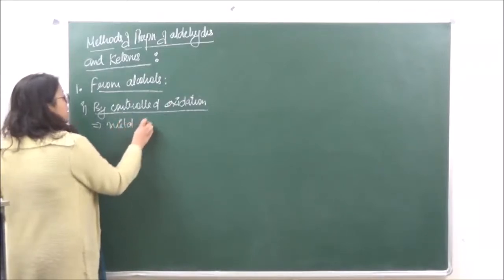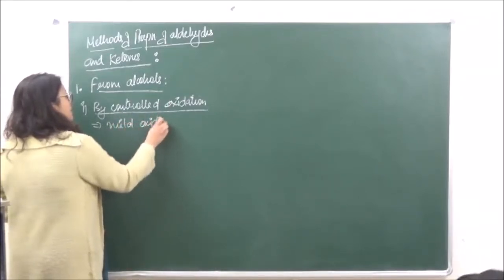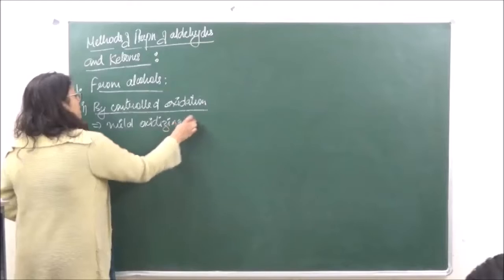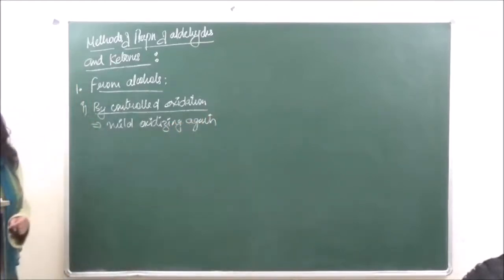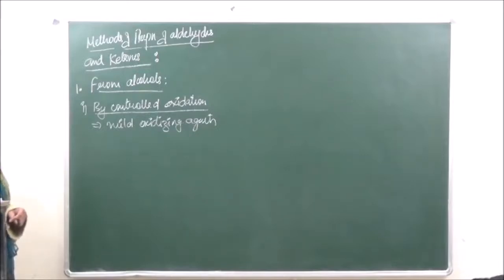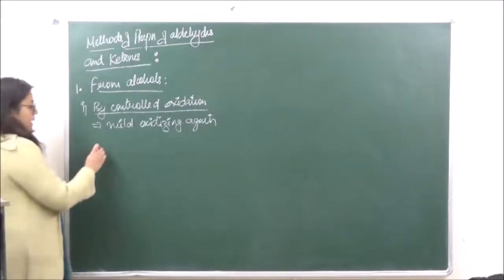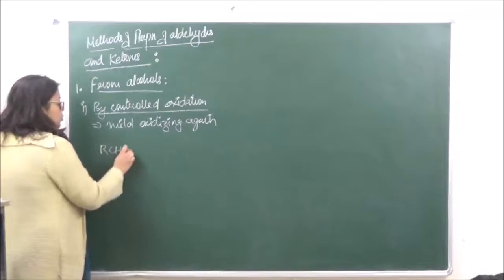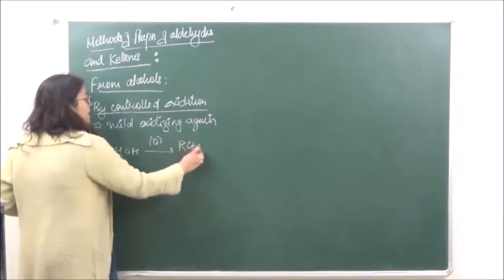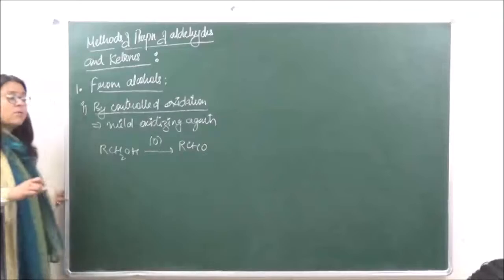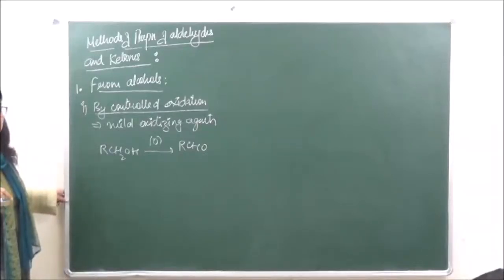Controlled oxidation means that here we are going to use mild oxidizing agents. Let's make a list of the oxidizing agents. In the general reaction, if we take a primary alcohol RCH2OH and oxidize it, it gives an aldehyde with the same number of carbon atoms as present in the reactant.